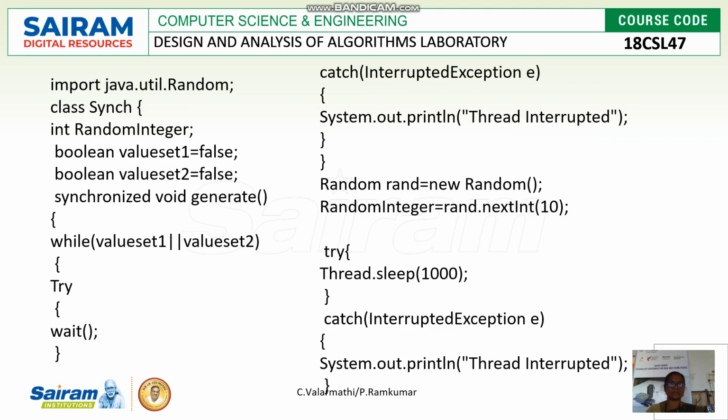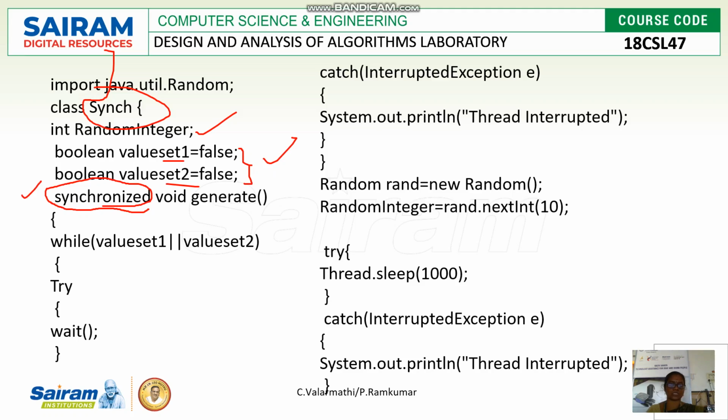The class name is Synchronize. It has one integer, the random integer, and two boolean values initially set to false: valueSet1 and valueSet2. Then generate is a synchronized method, because it involves three threads. In order to communicate and properly execute three threads in parallel, we need a synchronized way of communication.